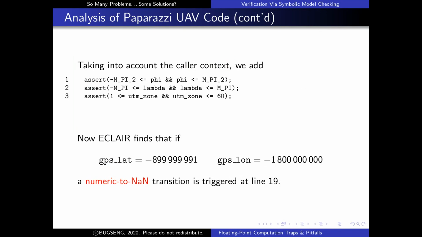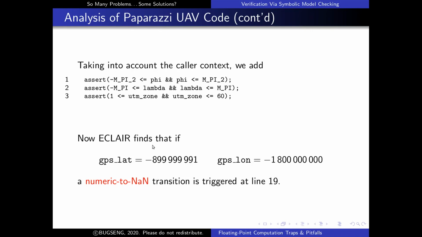However, even though no check is done in the program, we have added assertions at the beginning of the function, imposing that phi is between minus half pi and plus half pi, and that lambda is between minus pi and pi, because these are latitude and longitude. This fixes most of the issues, but still ECLAIR finds a numeric to NaN transition at this line 19 I showed you before.